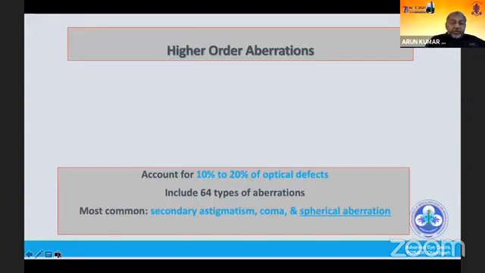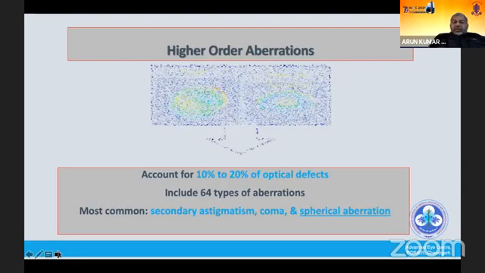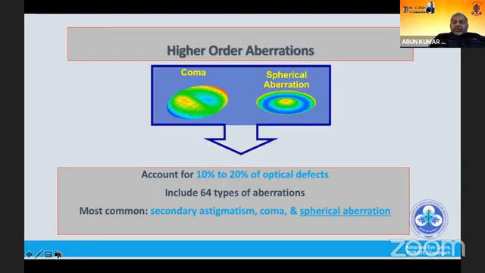The remaining 10 to 20% optical defects are because of higher order aberrations. Out of these higher order aberrations, coma and spherical aberration account for around 10 to 20% of the optical defects.